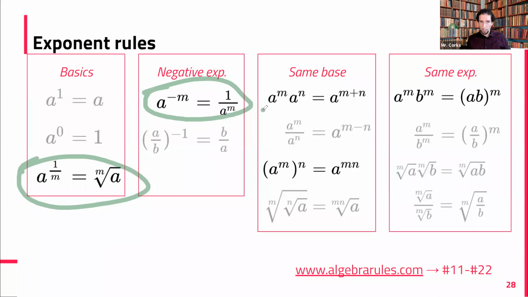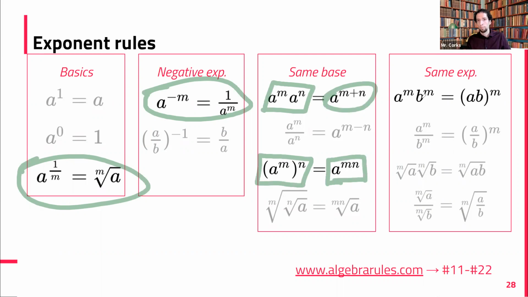If you have the same base being multiplied together, you can just add the exponents. And if you have an exponent to an exponent, which still means the same base, then you can multiply the exponents. And then the last one, if you have same exponents, but different bases, you can factor out the exponent.